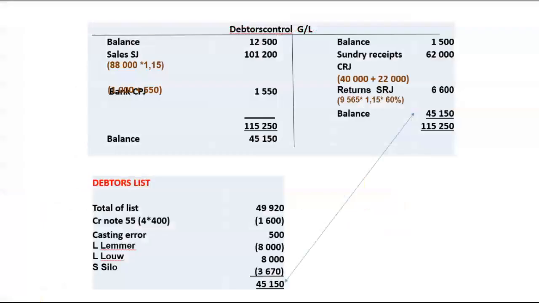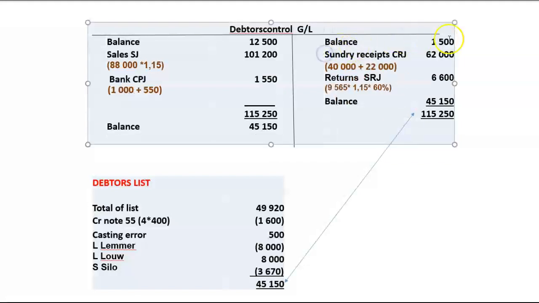So let's draw a T account for our debtors control account, and our opening balance would either be the net balance of 11,000 Rand, or here I have actually split the two, because remember what IFRS tells us to do. It says whenever there are credit balances, for financial statement purposes only, I have to transfer that credit balance to creditors.